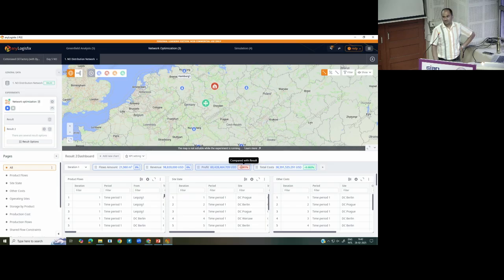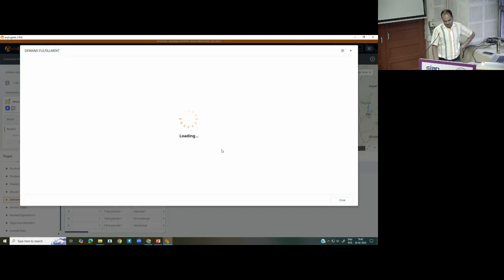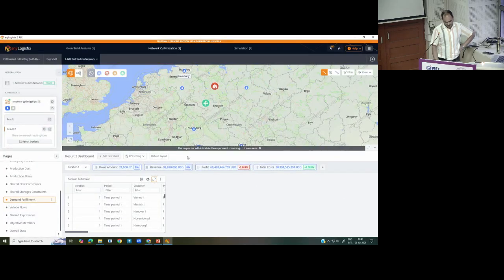Because we restricted the distribution center's capacity. So in the demand fulfillment table there might be some problems with the demand. You can see some demands for Vienna, Munich, Hanover, we couldn't satisfy. Satisfied, can you see 000? That's because of this additional capacity.